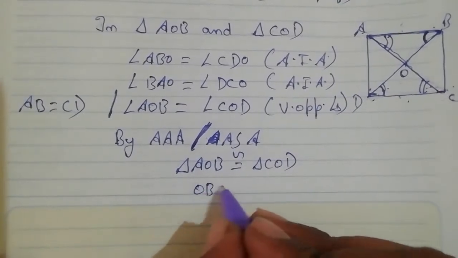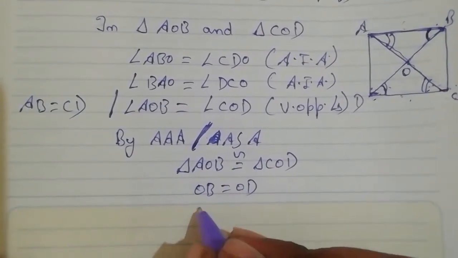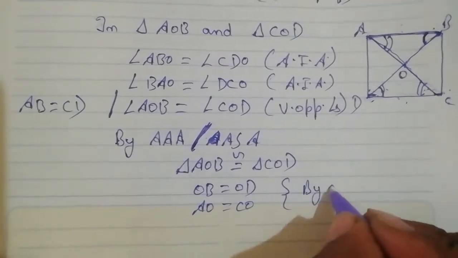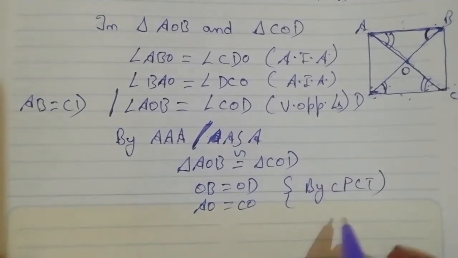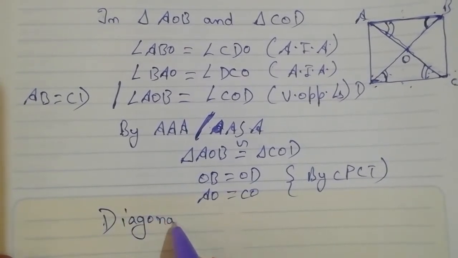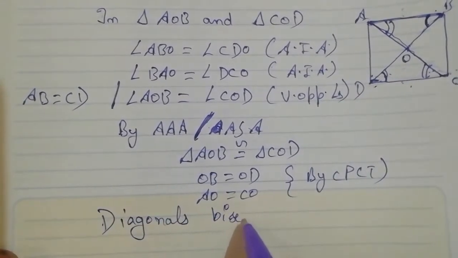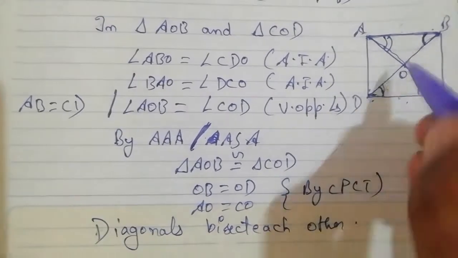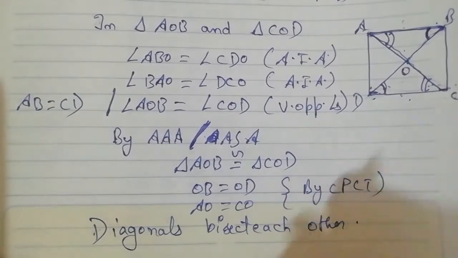So we can write OB is equal to OD and AO is equal to CO by CPCT. Okay, CPCT. So by this conclusion we can say that diagonals bisect each other. Okay, now we have to prove one of its interior angles is 90 degrees.